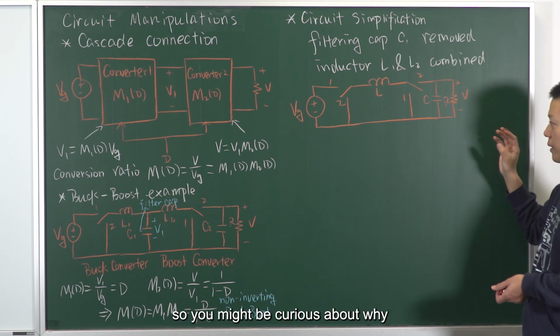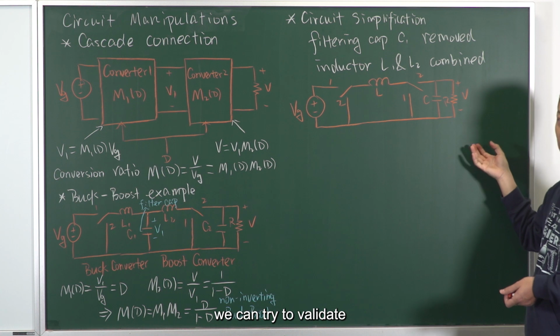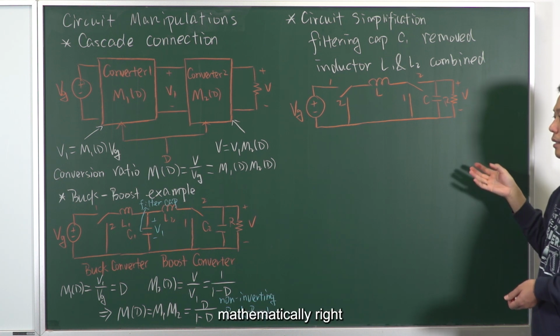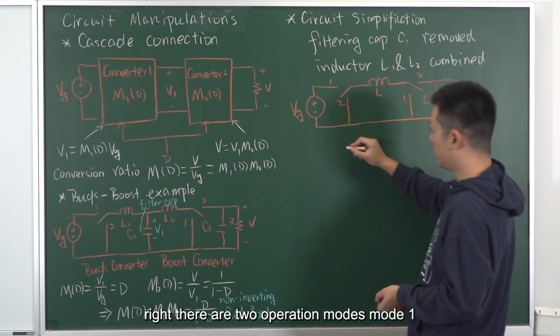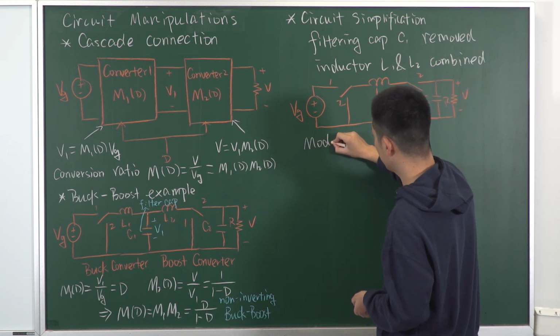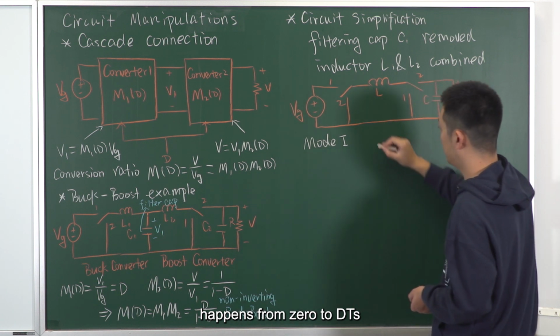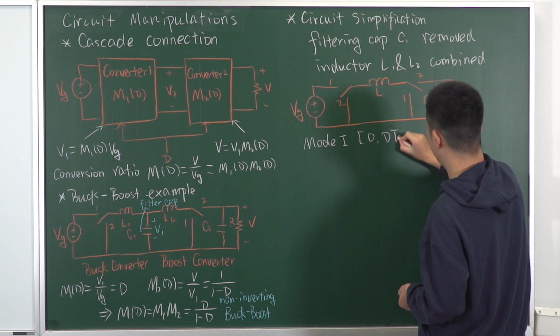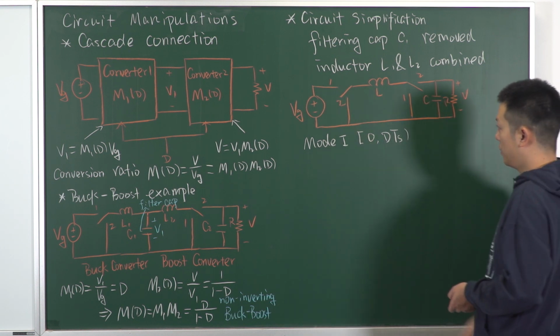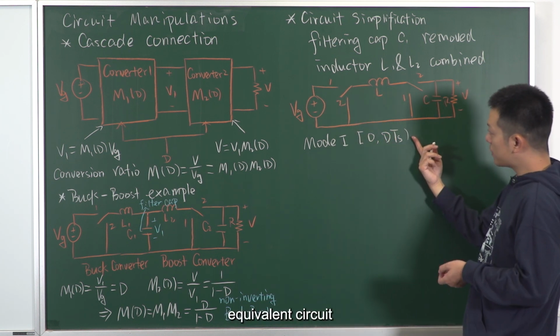So you might be curious about why. We can try to validate it mathematically, right? We analyze its 2 operation modes. Mode 1 happens from 0 to DTs. We can plot its equivalent circuit.